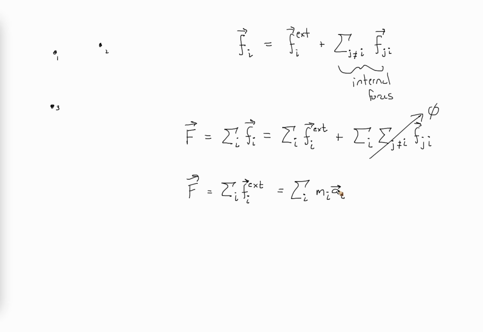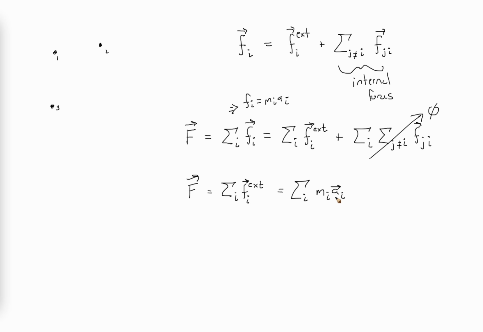For each individual particle, the total force is the external force acting on it. All the other forces cancel out, so we have m_i a_i. We could rewrite this as F_i is equal to m_i a_i.